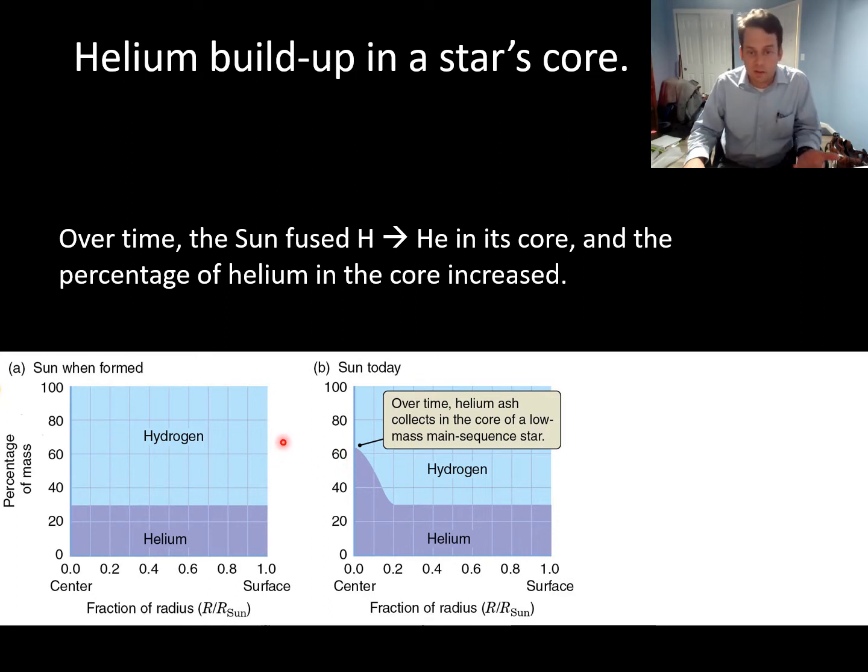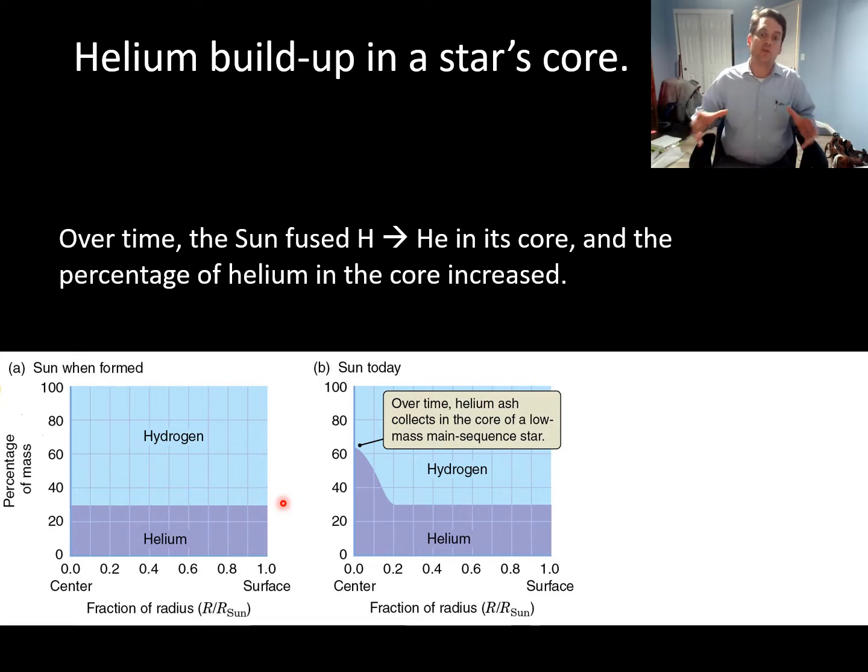So when the sun was formed, the distribution looked like this. The sun today, about 5 billion years into its lifetime, looks more like this. In the core, it's actually a little over half helium, about 60% helium by mass, whereas out in the majority of the star, certainly near the surface, it has the same percentages that it ever had.